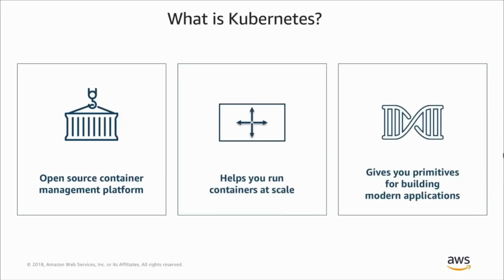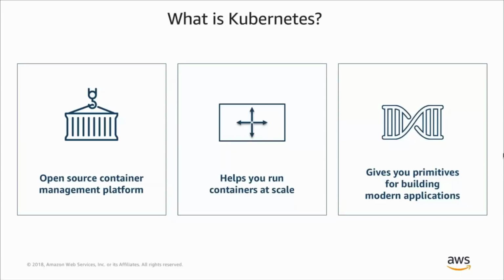So for new folks who are not familiar with Kubernetes, let me take 15 or 20 seconds on what Kubernetes means. Kubernetes has been around for a few years now, but it has absolutely taken the world by storm, especially over the past 12 months. It's also rapidly gained traction among AWS customers.